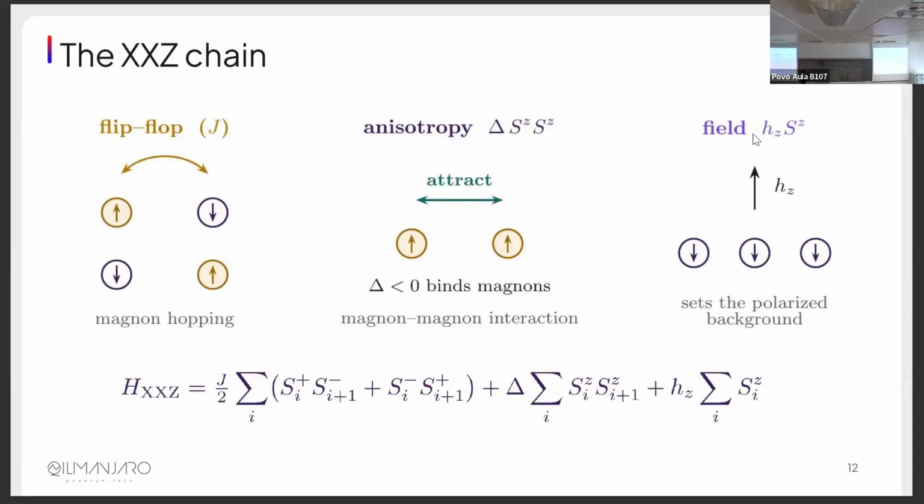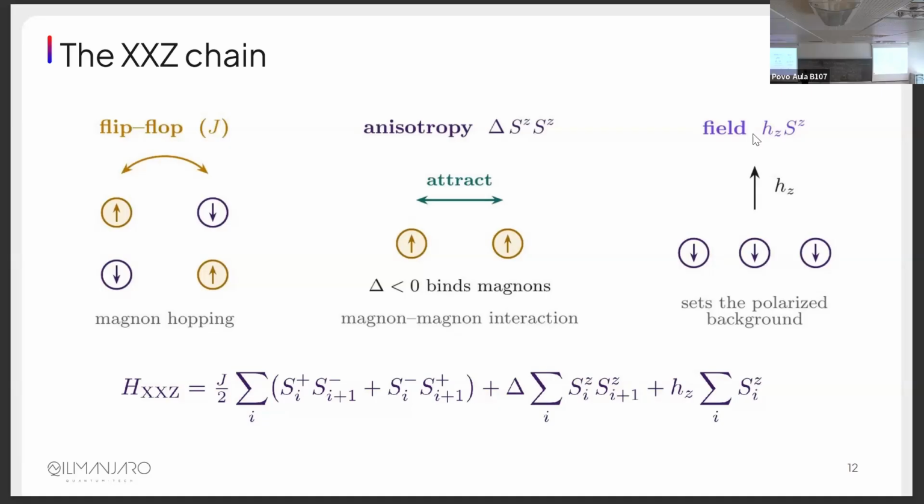So this is the XXZ Hamiltonian. We have a first term that controls how the spin up and spin down can jump between sites, very similar to the first term of the bosonic Gaussian-Hubbard model, but now we have spins, not bosons. Then we have this capital delta, which is the anisotropy that controls whether we want two magnons to go together or not.